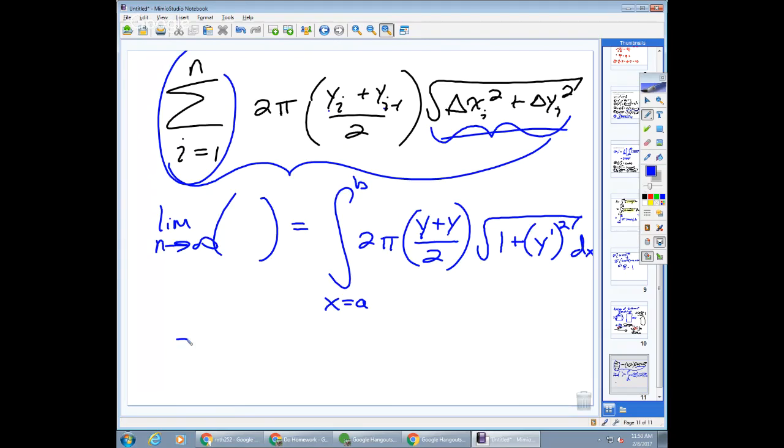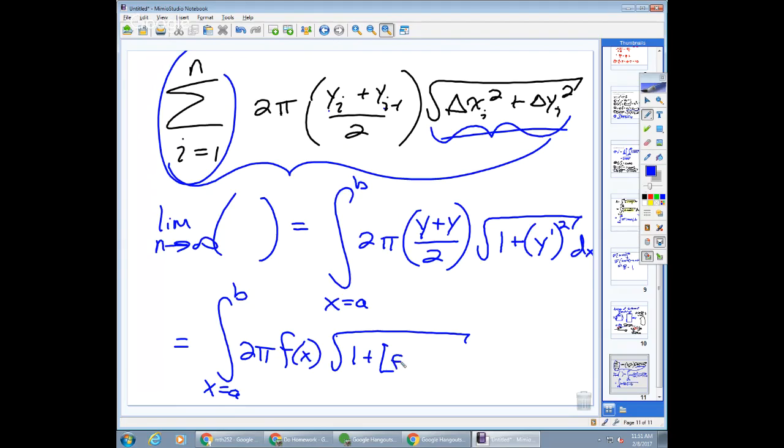So in the end, I'm going to have the integral as x goes from a to b of 2 pi, and instead of calling it y, I'm going to call it f of x, the function we are rotating, times the square root of 1 plus f prime of x squared, with respect to x.